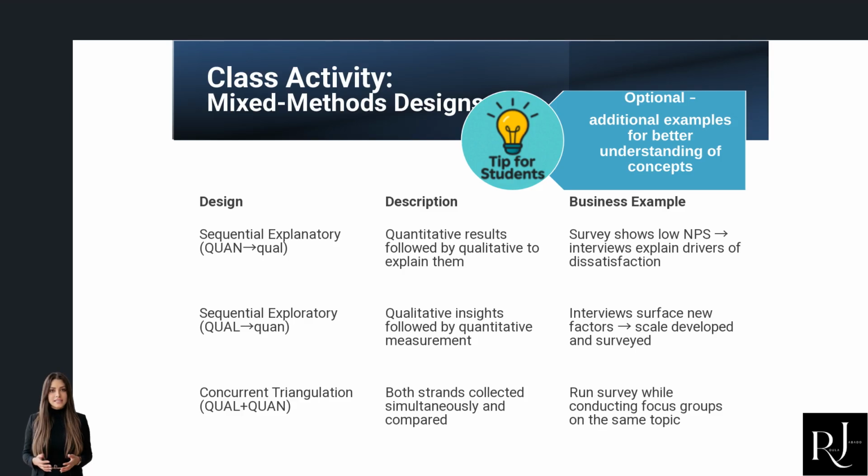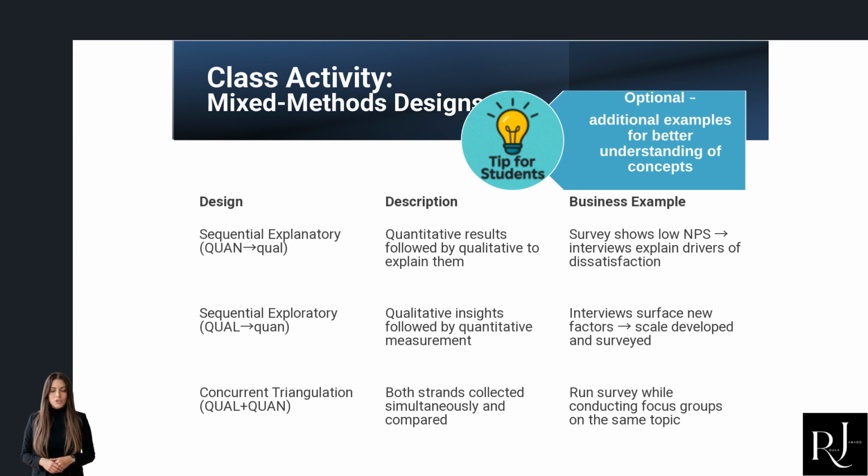Let's look at some business examples for mixed method designs in this activity. In a sequential explanatory design, denoted as quan followed by qual, a manager might see a survey showing low net promoter scores and then conduct interviews to explain the specific drivers of that dissatisfaction. In a sequential exploratory design, which is qual followed by quan, a researcher might use interviews to surface new factors affecting productivity and then develop a scale to survey those factors across the whole company.